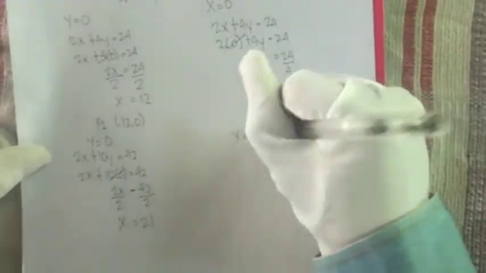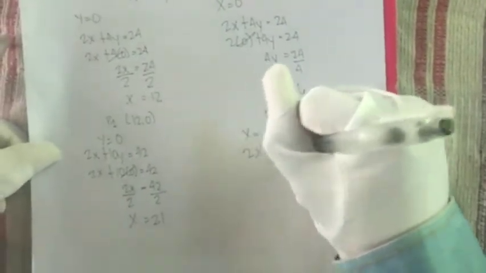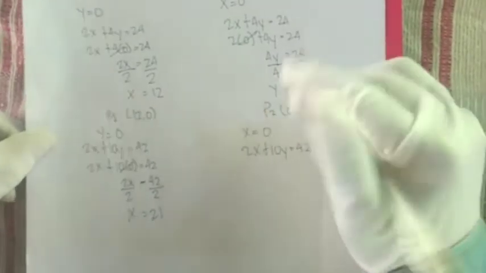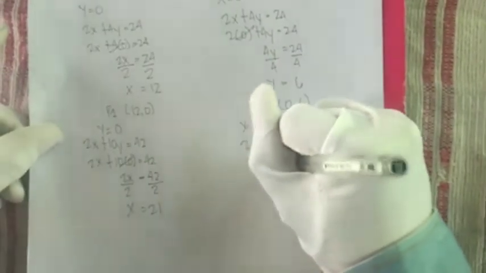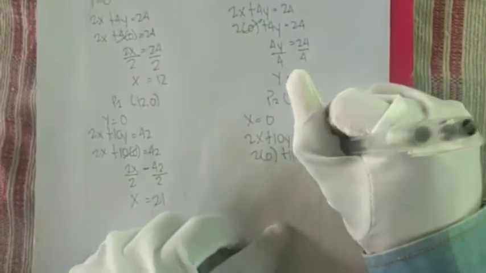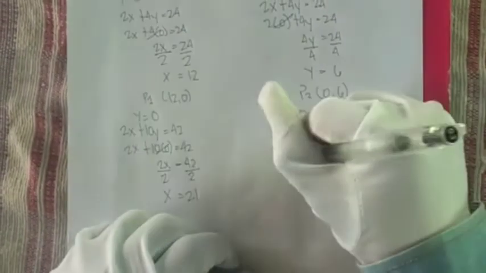And the other one is if x equals 0, so our constraint is 2x plus 10y equals 42. So 2 times 0 plus 10y equals 42. So 10y equals 42, canceling this 2 times 0.